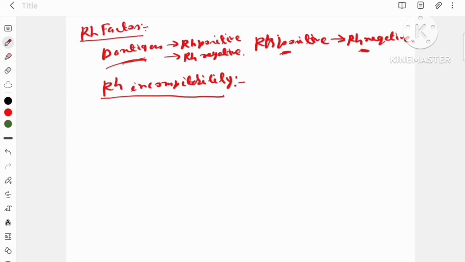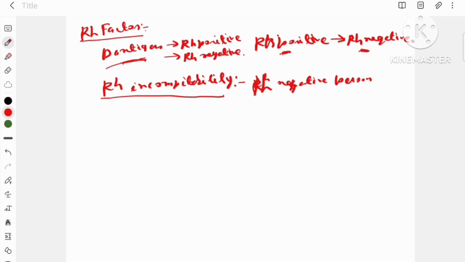So when this Rh negative person again receives Rh positive blood for the second time, there is a transfusion reaction because the Rh antigen present in the donor's blood reacts with the antibodies which were previously formed in the recipient's blood, and this causes transfusion reactions.